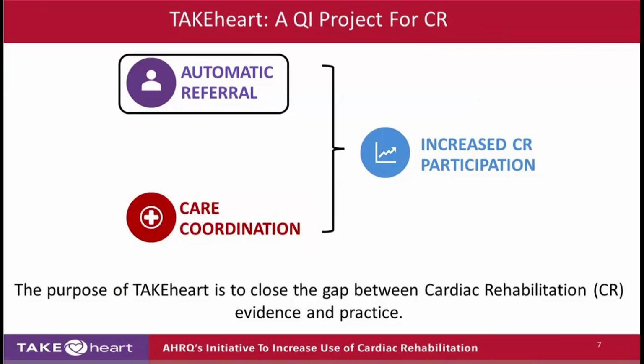And the thing that we want to stress is that implementing automatic referral is going to place more stresses, and it's going to place more importance on your care coordination system, because the more patients that you correctly identify as needing to be automatically referred, the more you're going to have to support the care coordination of those patients and make sure that they get into the program, as you can see on the next slide.